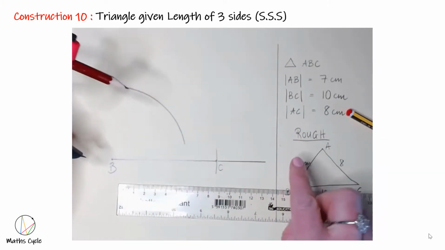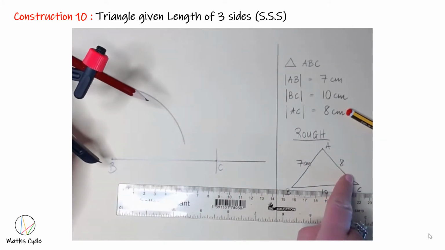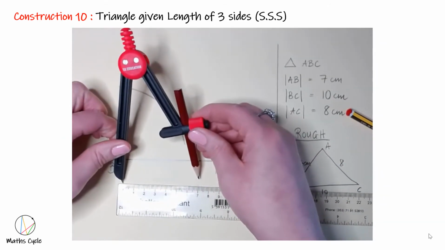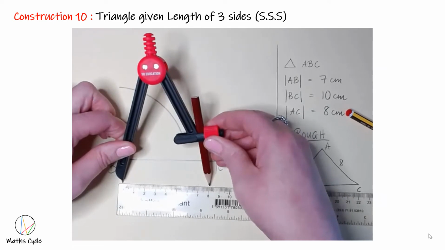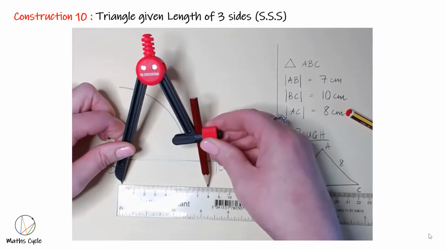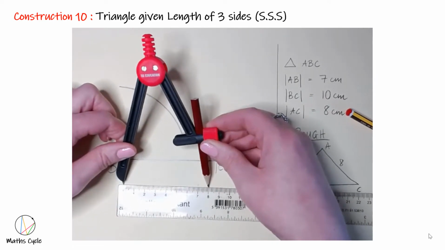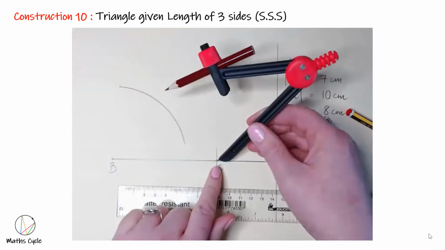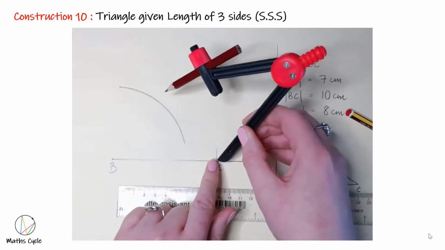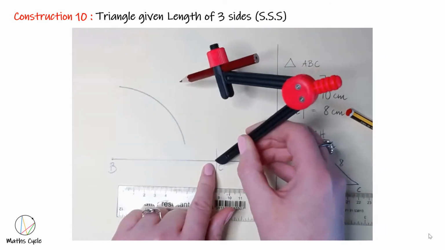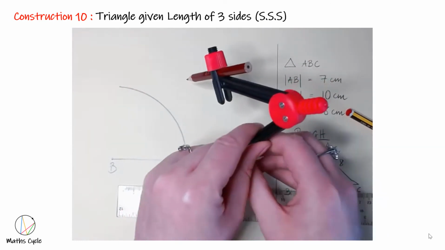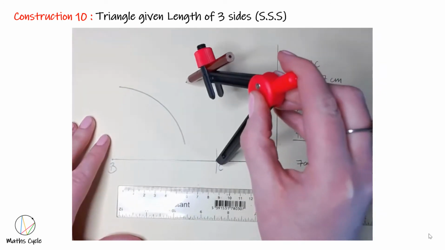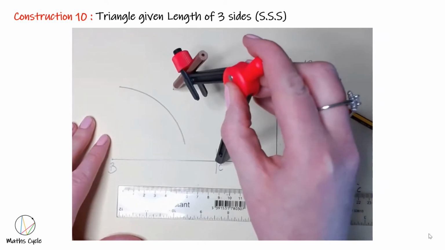Okay, then for the side AC that's 8, let's go back, put the point on 0 and open it up to 8. Okay, there we go. Put the point now on the C. Okay, and everywhere along this arc will be a distance of 8 from C. So here's a distance of 8, so is here, so is here.